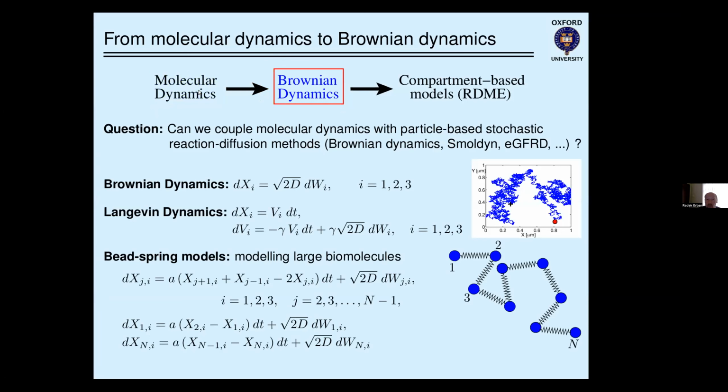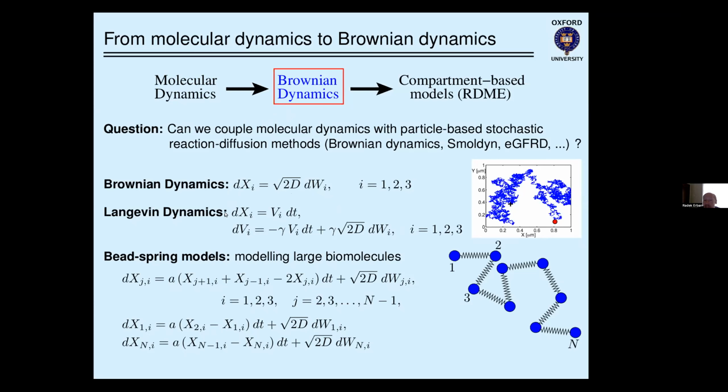To do this, I have to tell you what Brownian dynamics is. For my first application, Brownian dynamics was really just simulating particles as described by Brownian motion, and we had this picture. But now in these types of applications, we work with Brownian dynamics as a more general term.